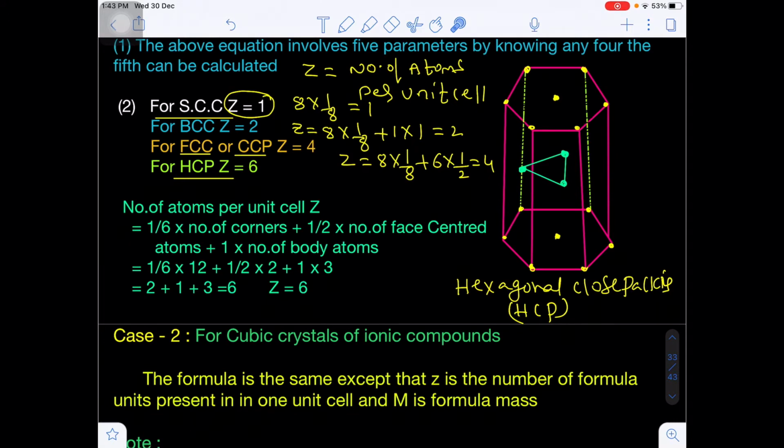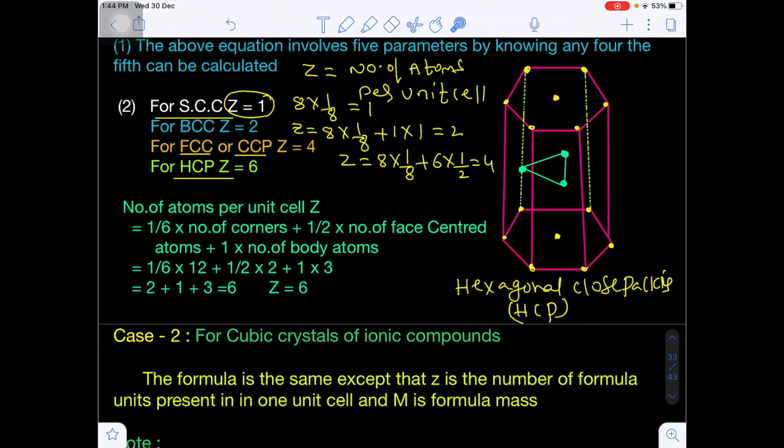Yes or no? So to calculate Z, that is the number of atoms per unit cell, here we have 1 by 6 contribution of a corner. We are not considering 1 by 8. In case of a cubic system, we have to consider 8 corners, but in case of a hexagon, we have to consider only 6 corners. So each corner contribution will be taken as 1 by 6 into the number of corner atoms, plus the face center.